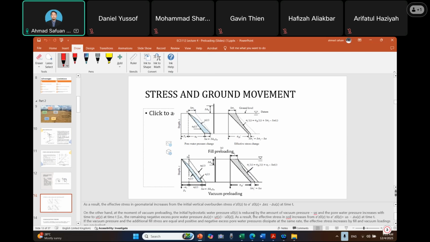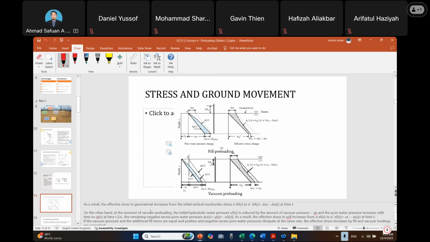As a result, the effective stress in soil increases from sigma z at the top to sigma z plus the excess pore water pressure.